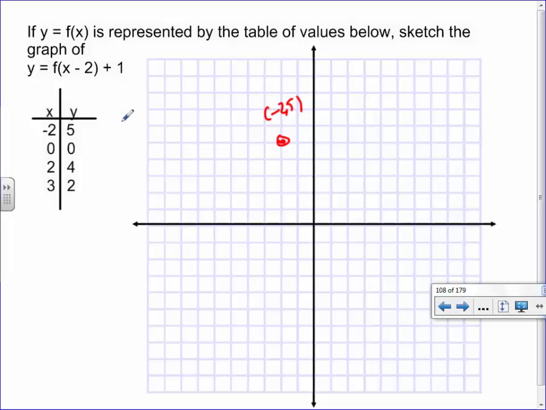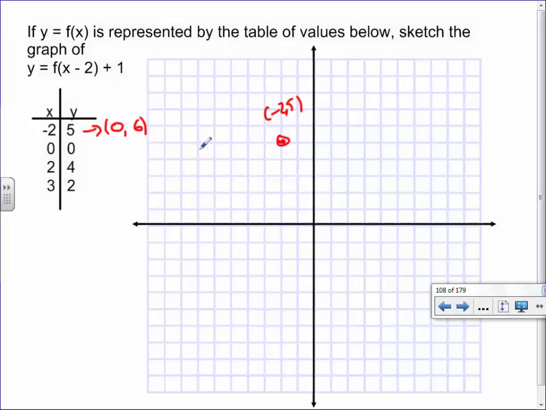After the transformation, where's it going to be? Over 2, up 1. So what's the new coordinate? If you go over 2, the negative 2 now becomes 0. If you go up 1, the 5 will become a 6.